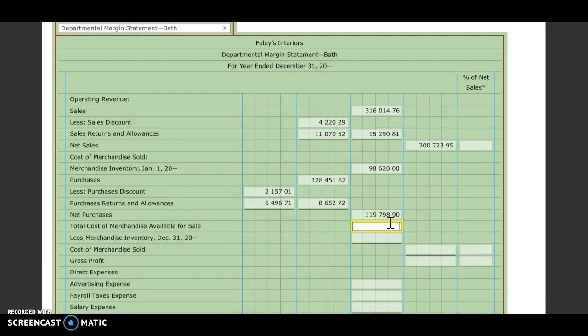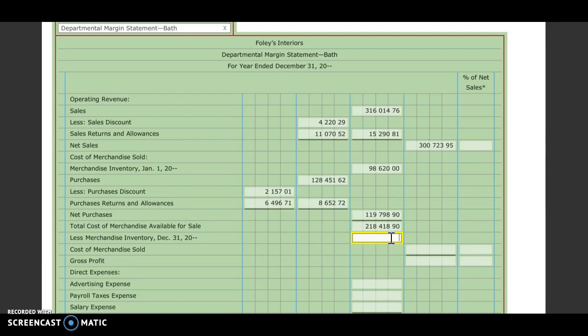Then we need to figure out our total cost of merchandise available for sale. So we will add our merchandise inventory plus our net purchases. $218,418.90. Then less our merchandise inventory. Again, remember we can find that in two places. I'm just going to go to my adjusted trial balance, and I'm going to look at my front page merchandise inventory.